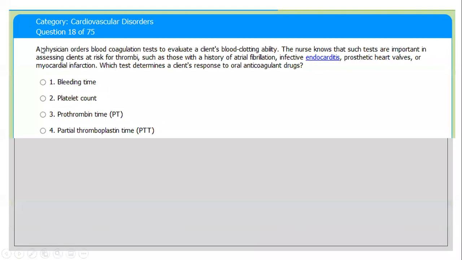Next question here. A physician ordered a blood coagulation test to evaluate a client's blood clotting abilities. The nurse knows that such tests are important in assessing clients at risk of thrombi, such as those with a history of atrial fibrillation, right? What is atrial fibrillation? What is endocarditis?